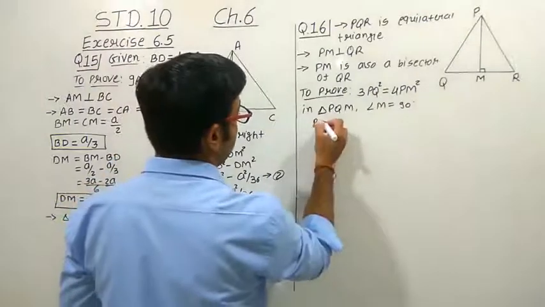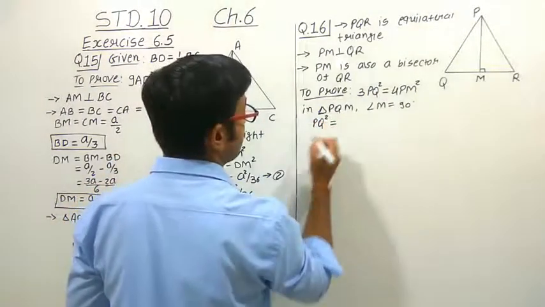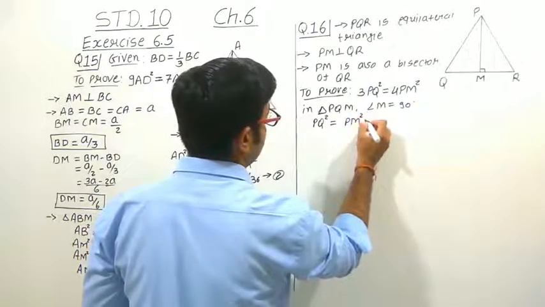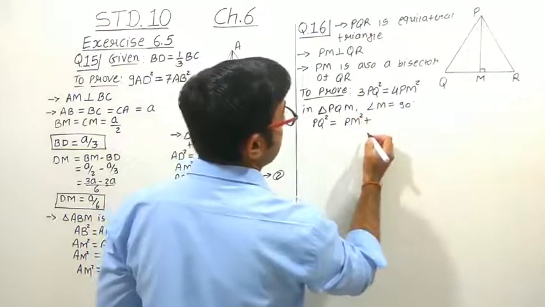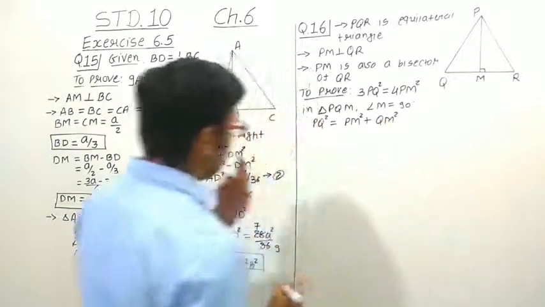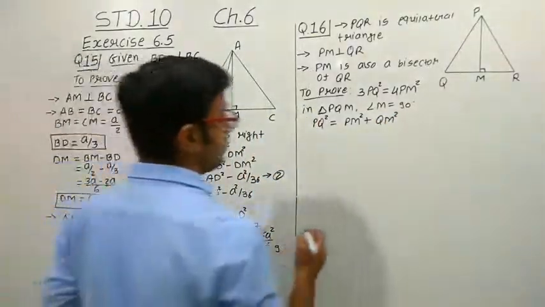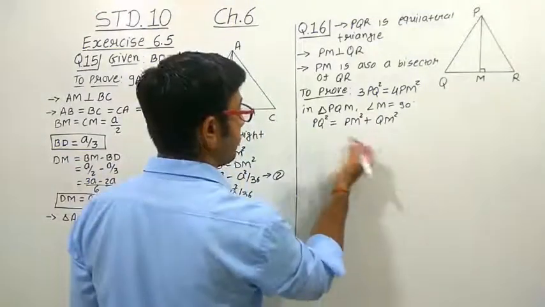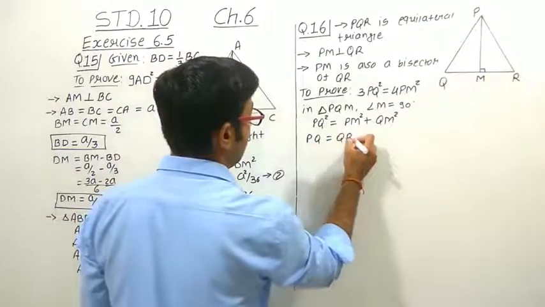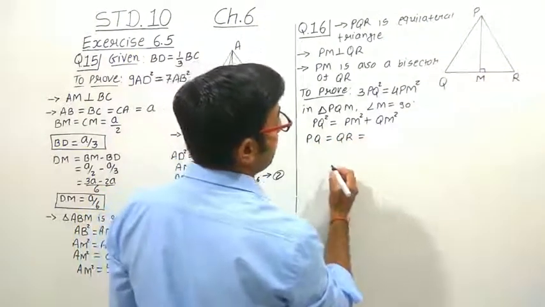We can write PQ square is equal to PM square plus QM square. Now it is an equilateral triangle, so all the sides are equal. So PQ is equal to QR is equal to PR.